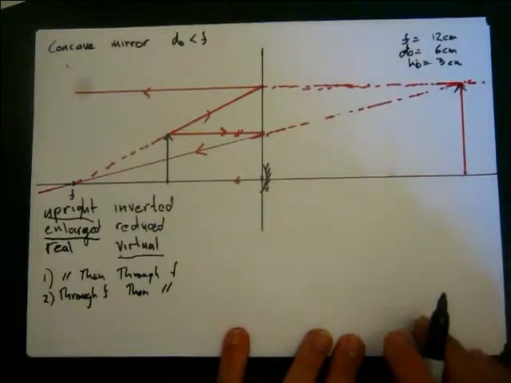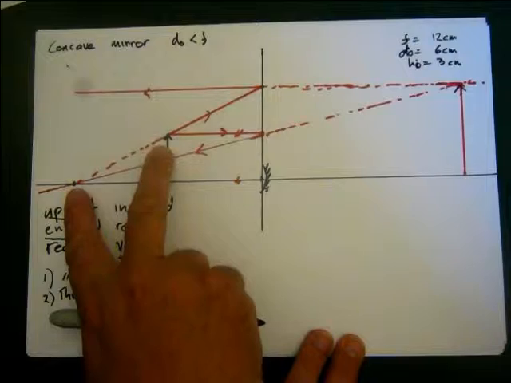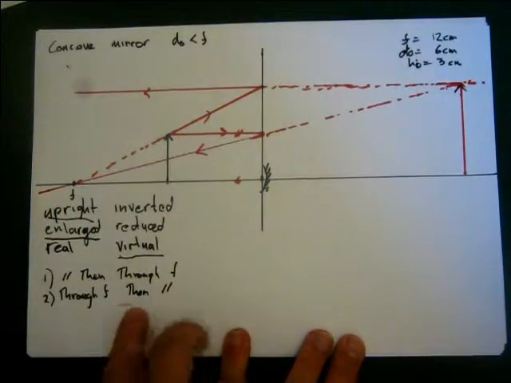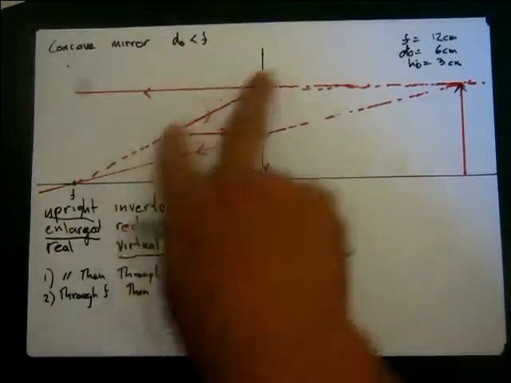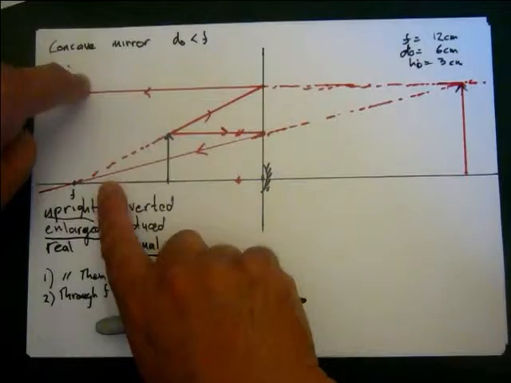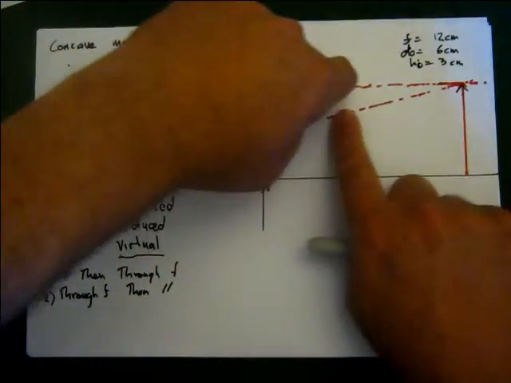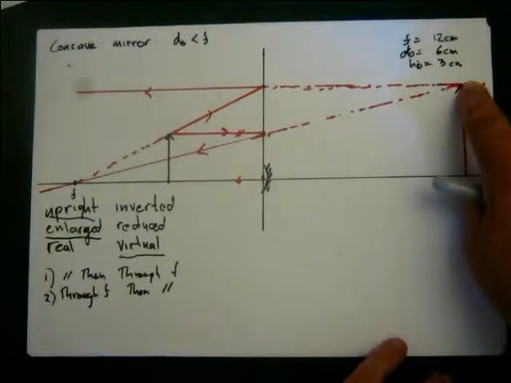So the important thing here, we draw our line parallel through F. We draw our line through F, and whenever I say we draw it, we put one part of the ruler on F, one part on top of the arrow, draw the line, reflect. We then backtrack the reflected lines, and that tells us where the image is going to be.